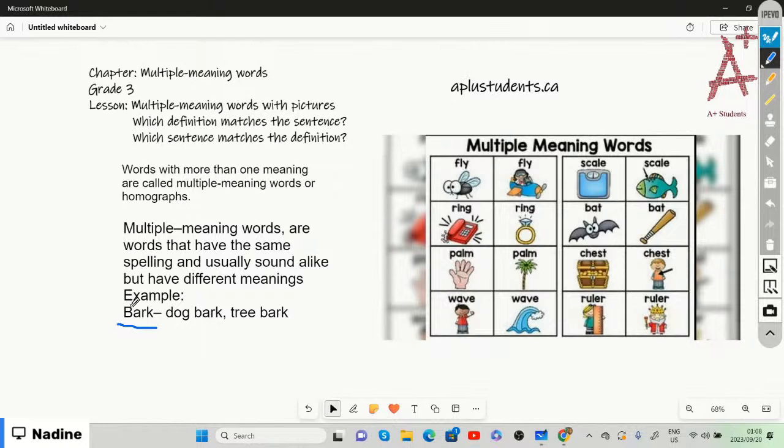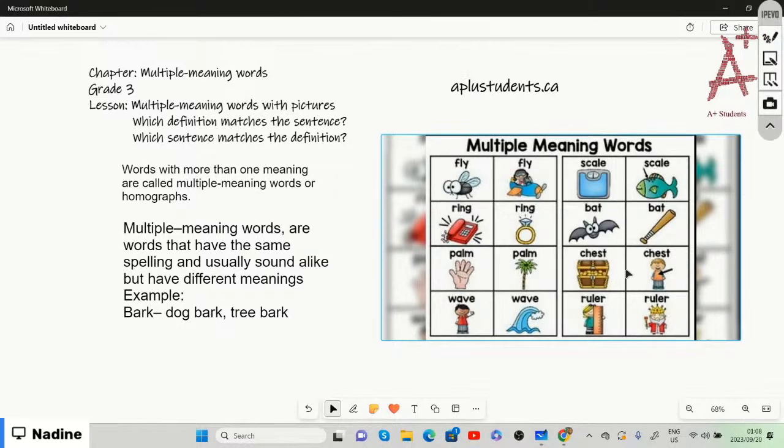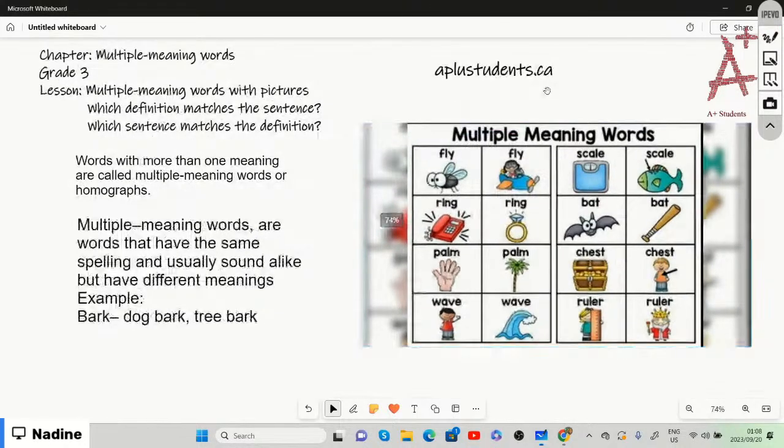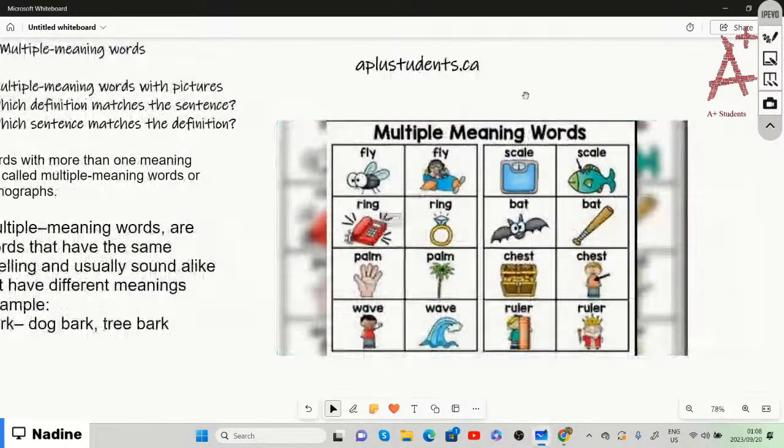And if we look at the picture that we see here in front of us, that says multiple meaning words. Here we have fly.